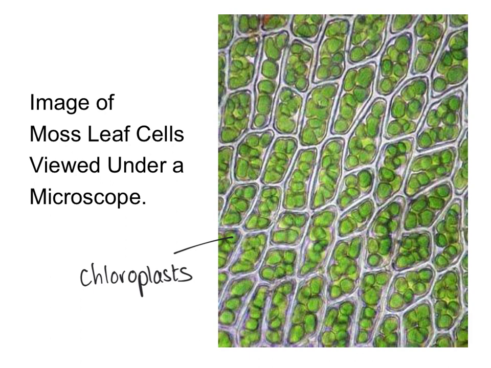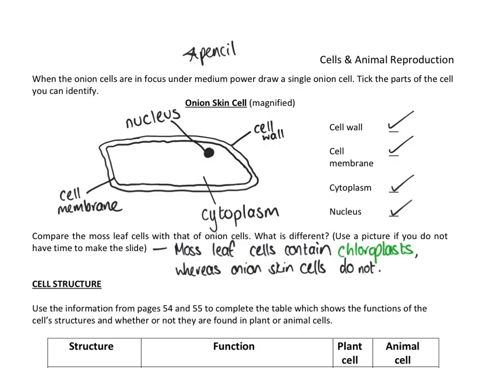So the main difference between moss leaf cells and onion skin cells is that onion skin cells do not have chloroplasts. So if you want to fill that in your notes, just underneath where we drew the diagram of the onion skin cells: the main difference between moss leaf cells and onion skin cells is that moss leaf cells contain chloroplasts so that they can trap sunlight for photosynthesis, whereas onion skin cells do not have chloroplasts, and that's why we didn't see any green structures within the onion skin cell when we looked at it under the microscope.